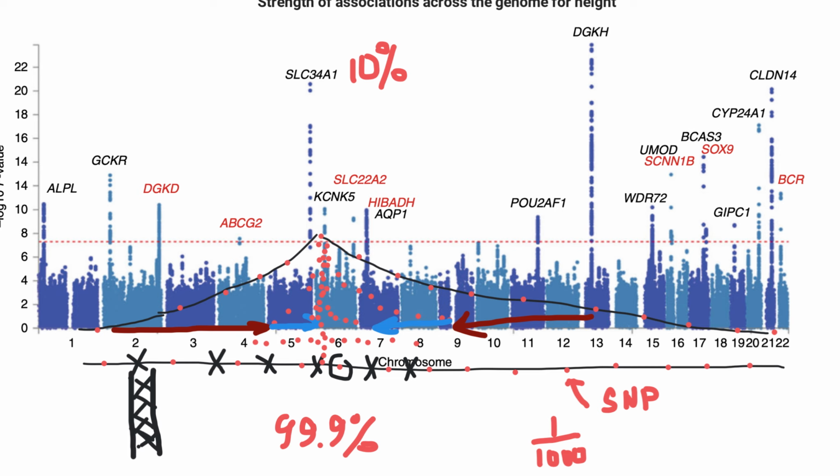Let's say in an enhancer region or promoter region. So we are not even going to see any change in proteins, in protein structure. Only 10% of SNPs account for such changes. And this is all for today.